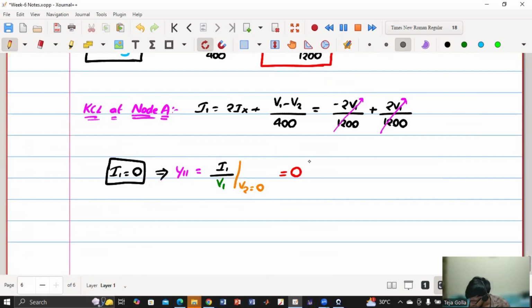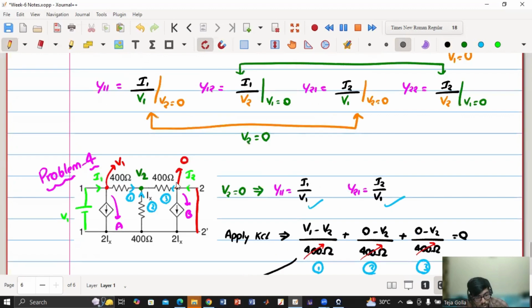Now, KCL at node B. If you apply KCL at node B, then what will be the KCL at node B? I2 is equal to current entering equals current leaving.